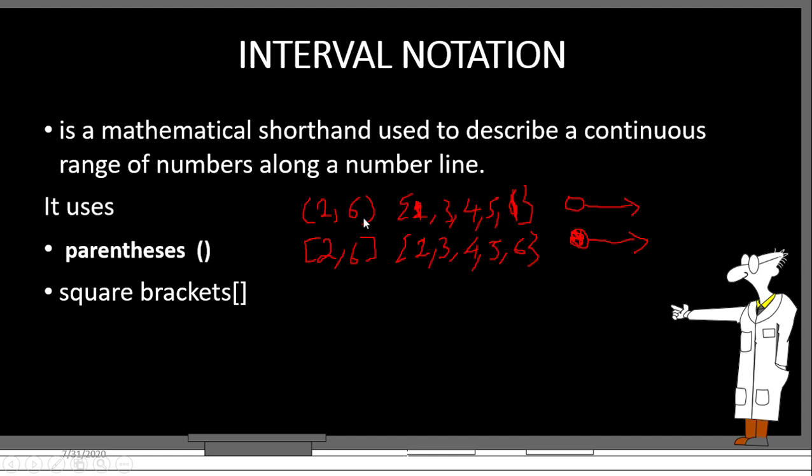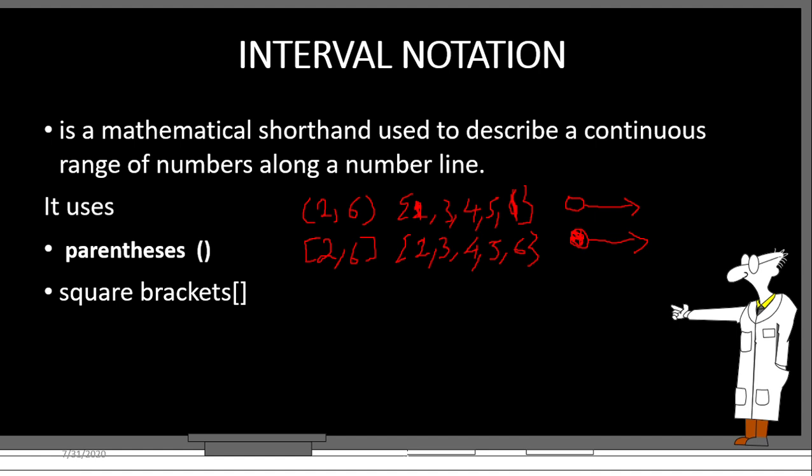So for (2,6) we remember 2 is not part of the set, and 6 is not part of the set, so it will be 3, 4, and 5. When you use the square bracket, or closed bracket, it means 2 and 6 are part of this set: 2, 3, 4, 5, and 6. So 6 is part of this set.